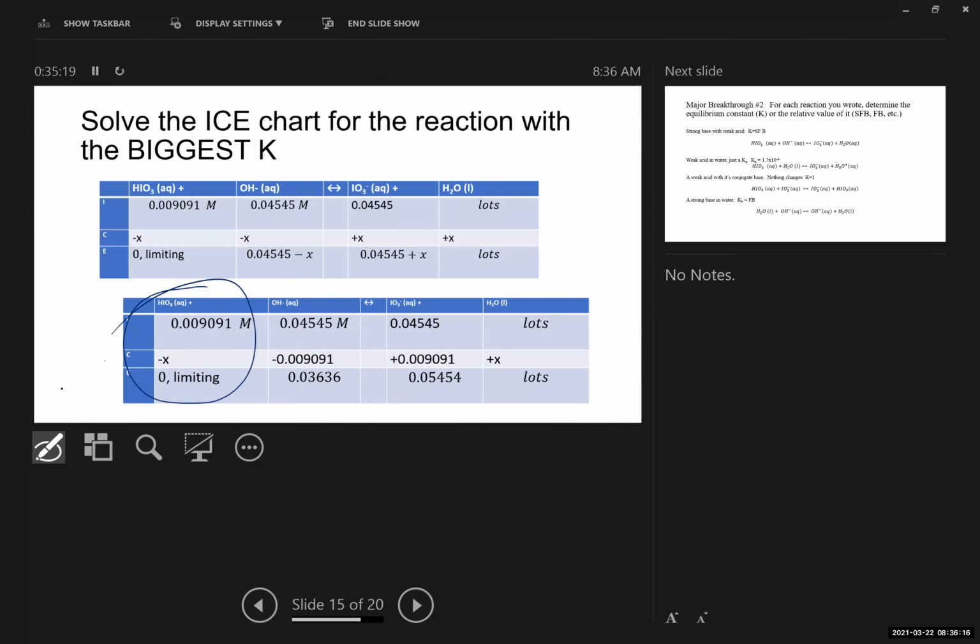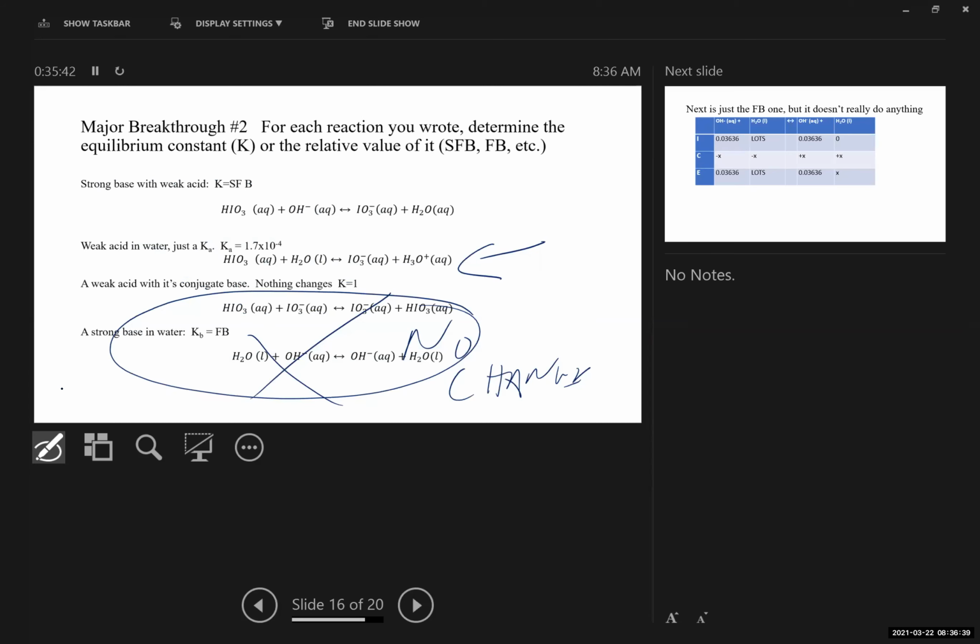Again, as a general rule, when I have bigger reactions, which are essentially limiting reactant problems, I'm running out of stuff, which means I also no longer can do any reaction which involves said stuff. So in this case, since the HIO3 was the limiting reagent, there is no HIO3. So technically, even though the second biggest reaction was that, I can't do it anymore.